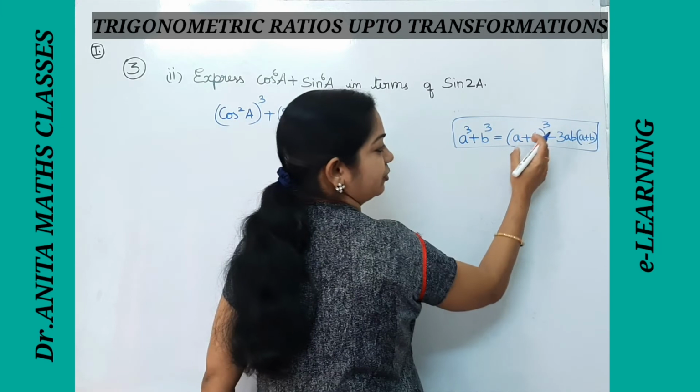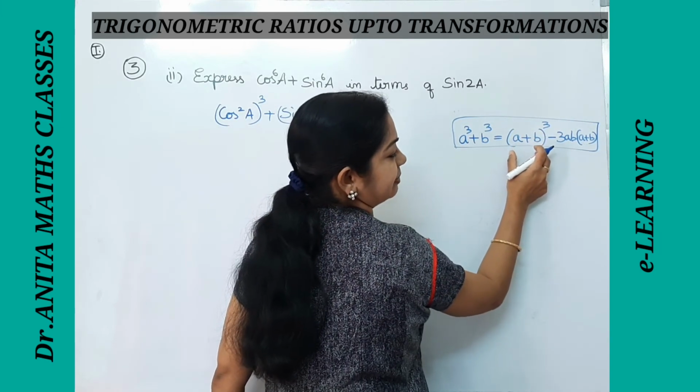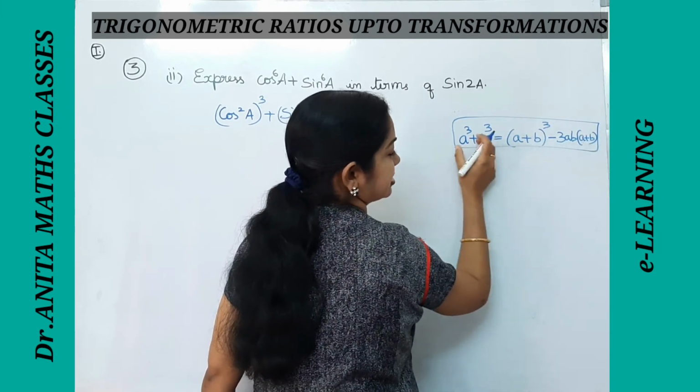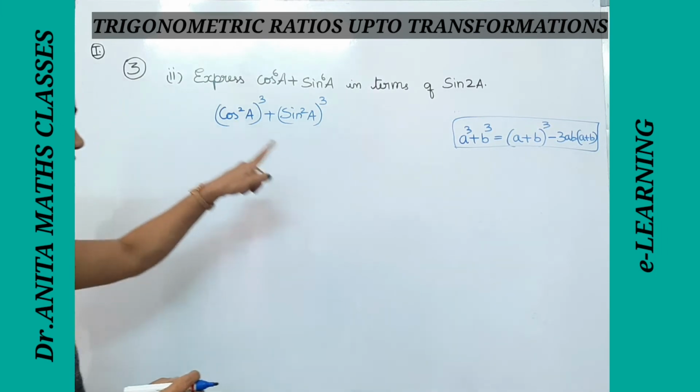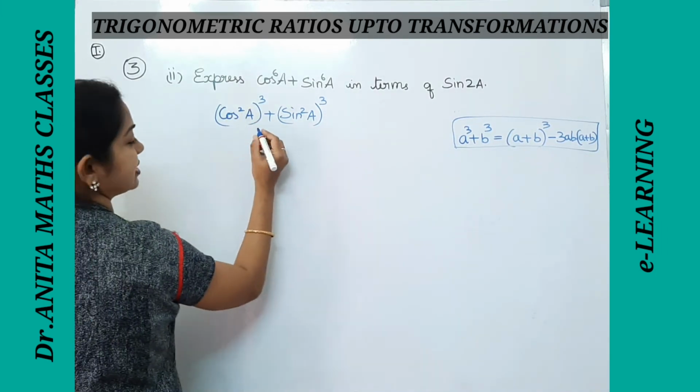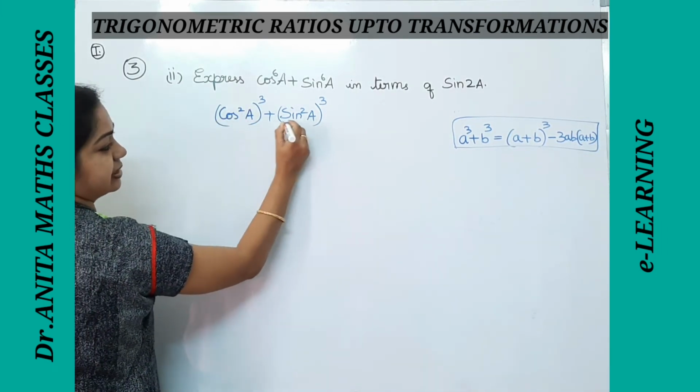A plus b whole cube, you get here plus 3ab into a plus b, that 2 cancels and we get a cube plus b cube. In that form we will write it here. We will suppose here this as a and this as b.